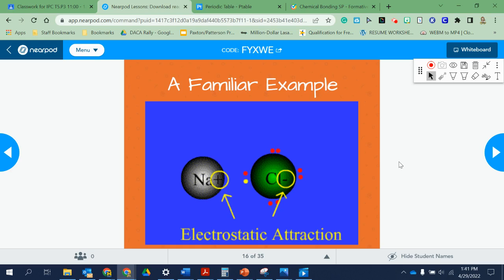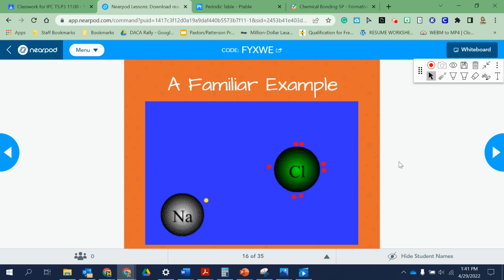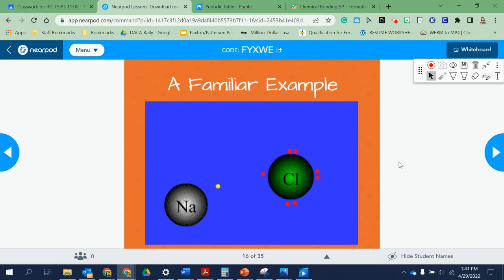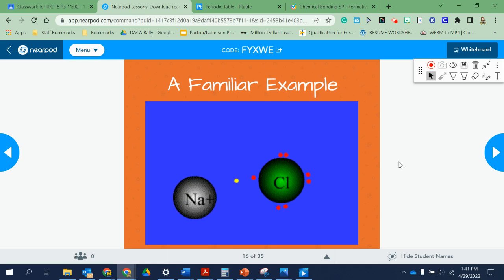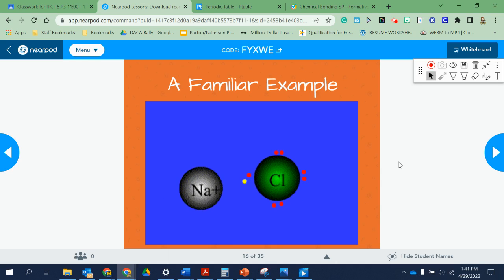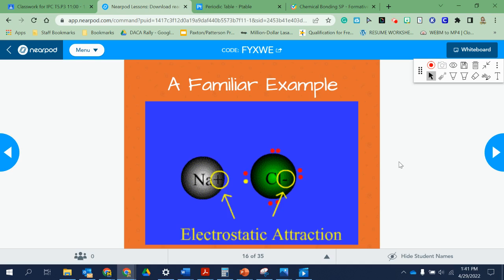Right, another example right here. Again, these are the outer electrons that you're seeing. Na has one electron on its outer shell, that yellow one, and it's giving it to the green Cl atom. When it does that, the Na becomes positive because it gives away a negative electron. That Cl accepted a negative electron, and so that Cl becomes minus, it becomes negative.